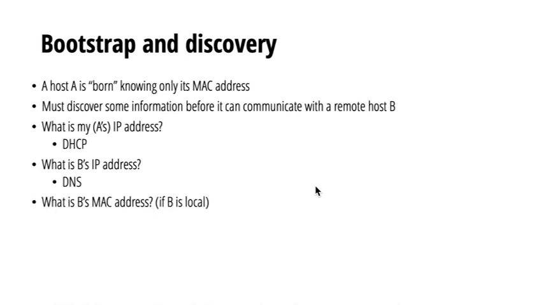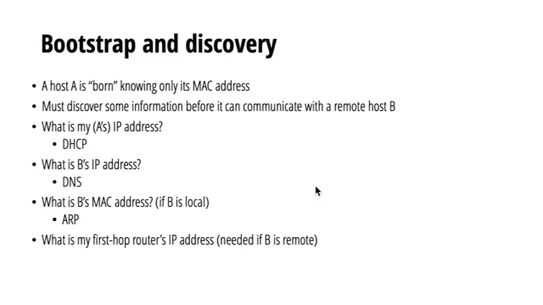What is B's MAC address if B is local? We used ARP, right? What is your first hop router's IP address? How did we get that? It's too much of a protocol soup. DHCP, right?